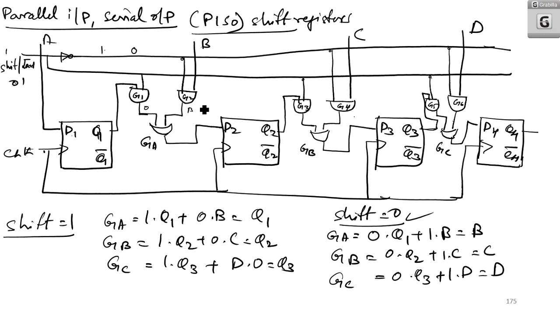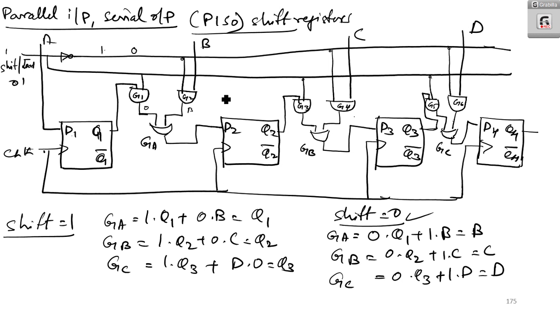After that, shift is made 1. In the next clock, Q1 will go in as D2, Q2 will go in as D3, and Q3 will go in as D4. So that is basically the operation of the parallel input, serial output shift register.